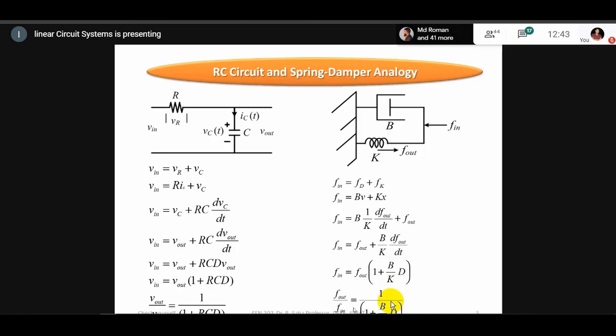So F out by F in equals 1 over 1 plus B by Kd. This is the transfer function of this spring damper analogy. Any confusion? No, I think not, because this is very easy.